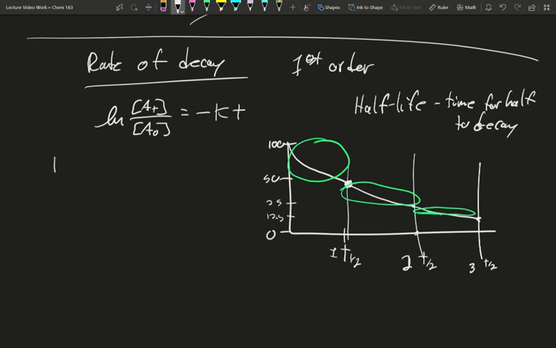Examples here, let's look at uranium-238 and uranium-235. The half-life for uranium-238 is 4.5 times 10 to the 9 years. So 4.5 billion years, which is about the age of the Earth.